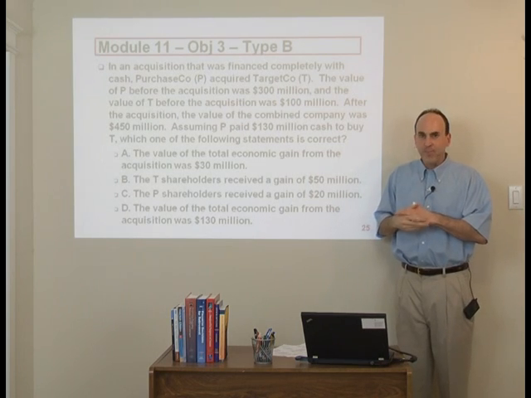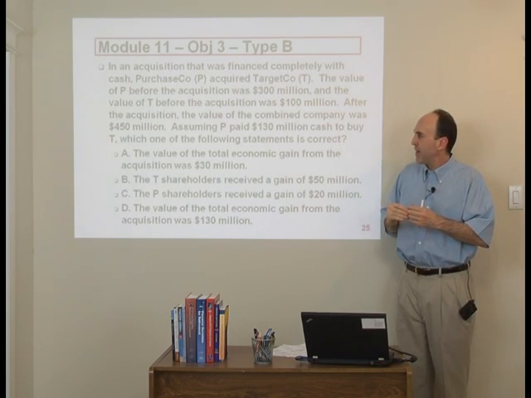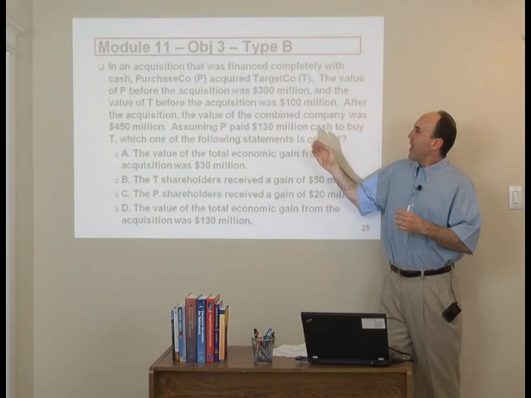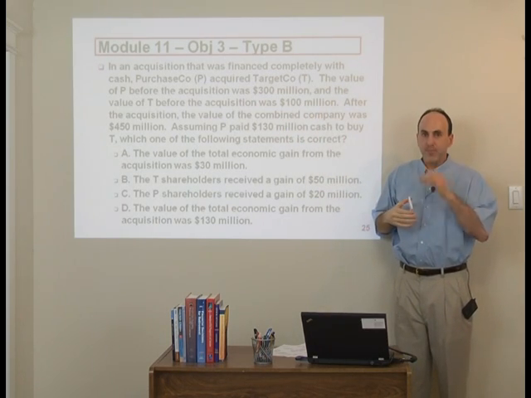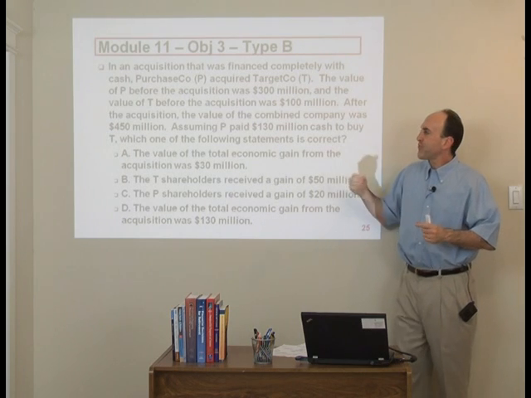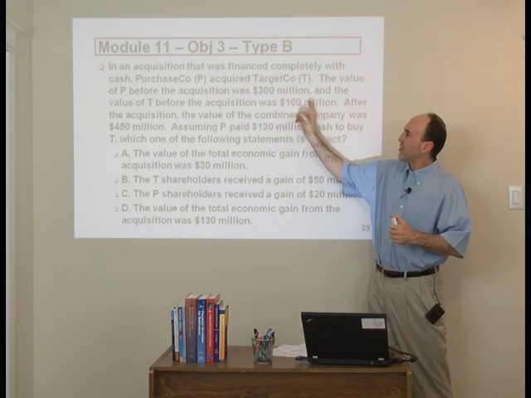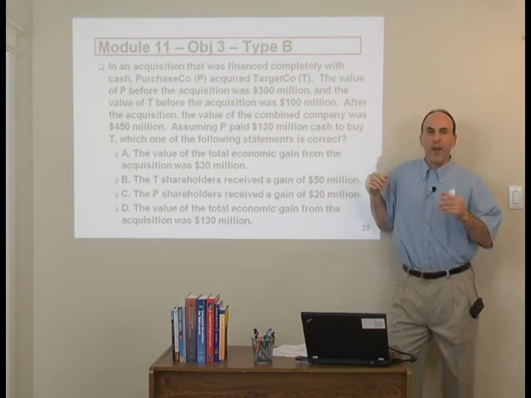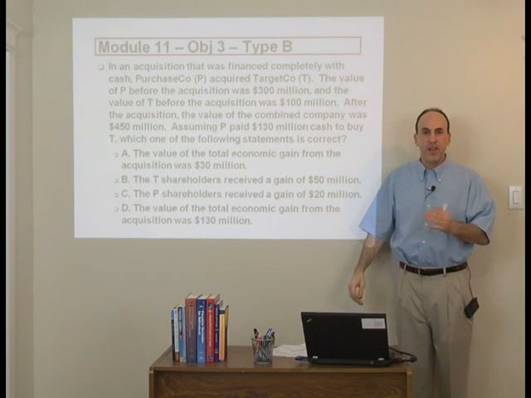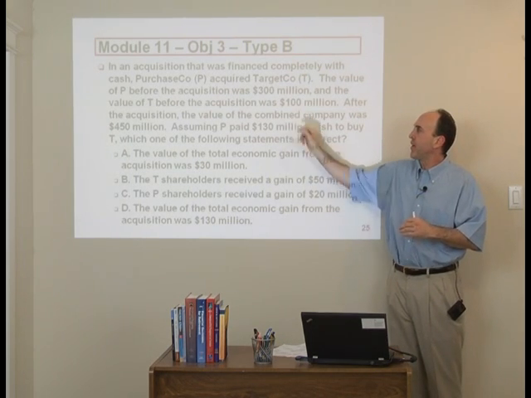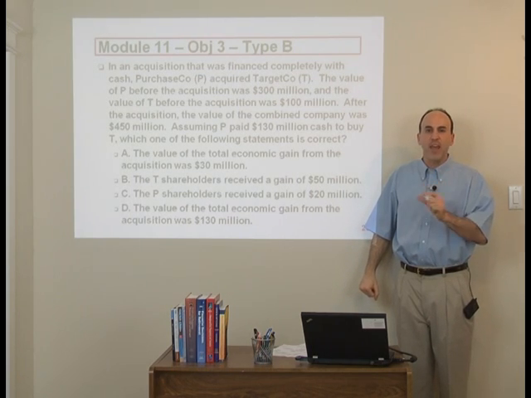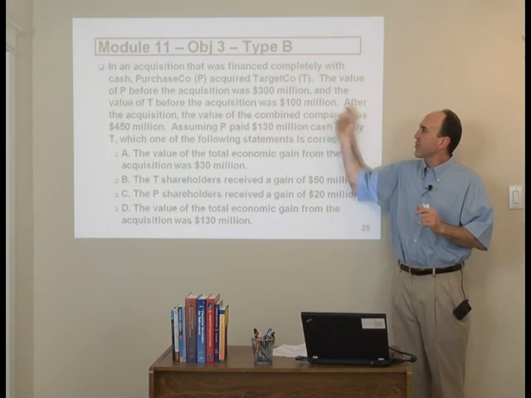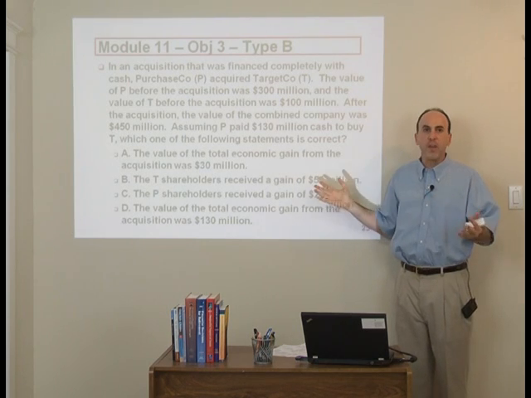Makes sense, doesn't it? Now with that said, since we have an economic gain of $50 million, and $30 million of that economic gain went to the target shareholders, didn't it? Because they got $130 million and their value was $100 million. So of the $50 million of economic gain, the target shareholders received a gain of $30 million.